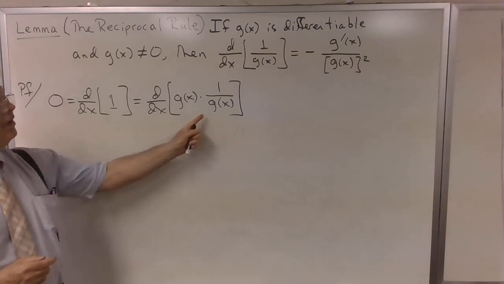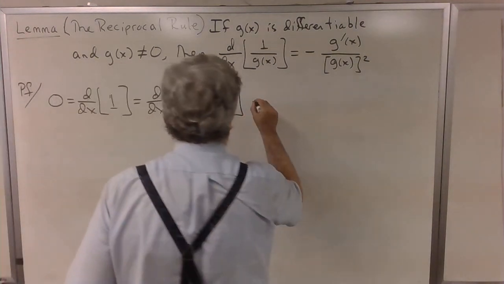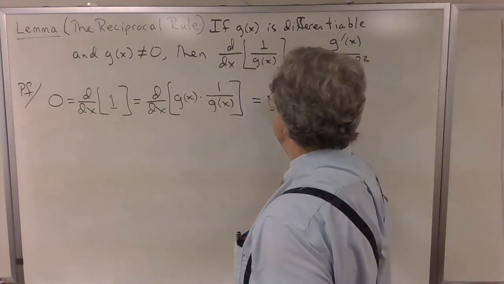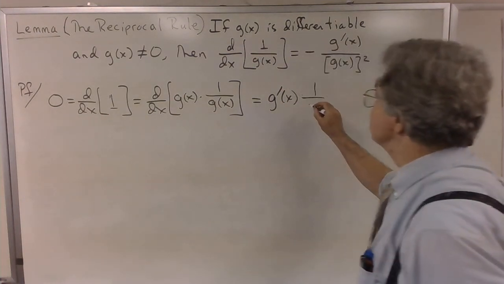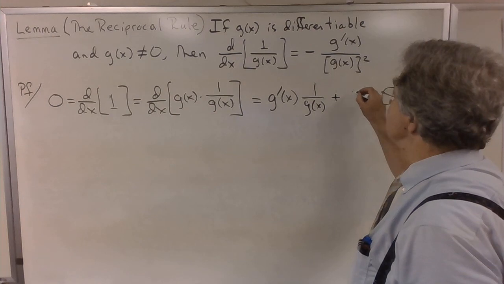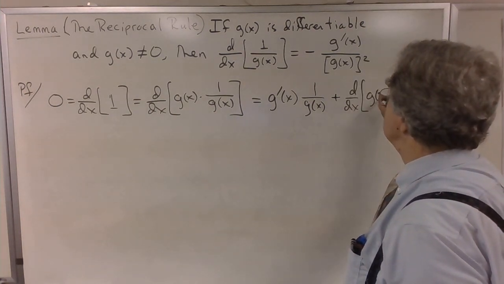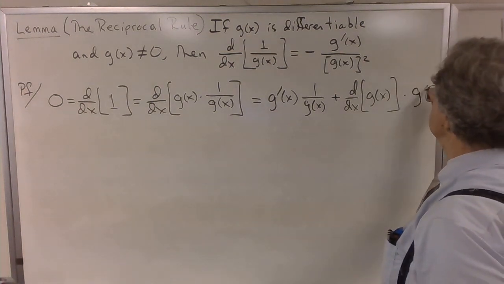Now, this is also a product. So we're going to get the first prime times the second plus the second prime, and we don't know what that is, times the first.